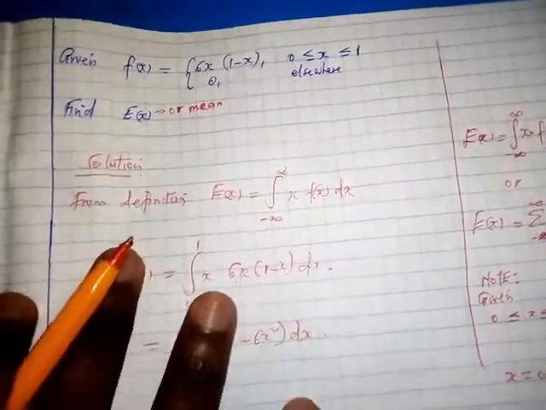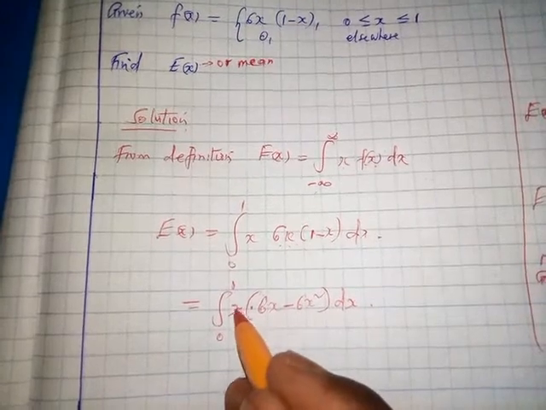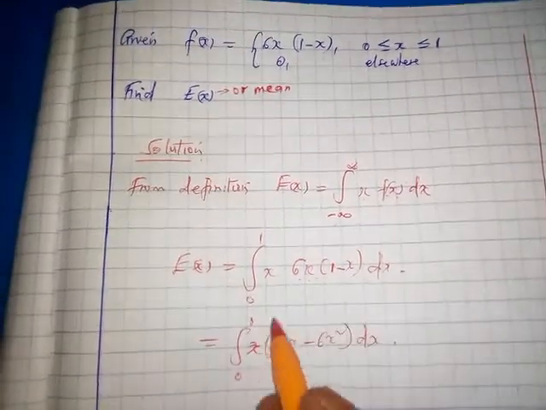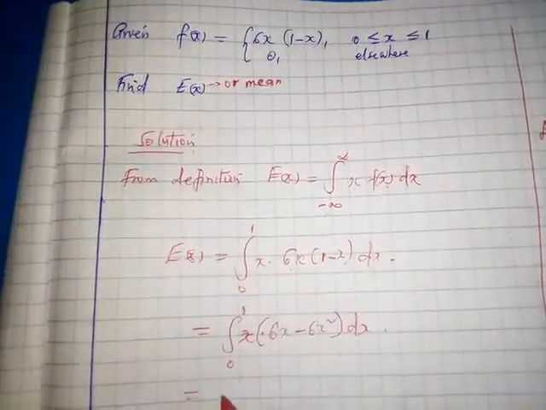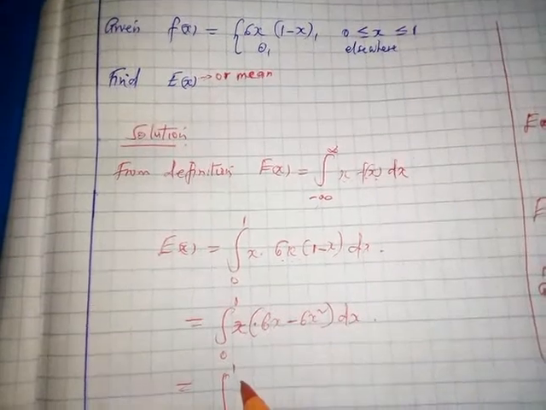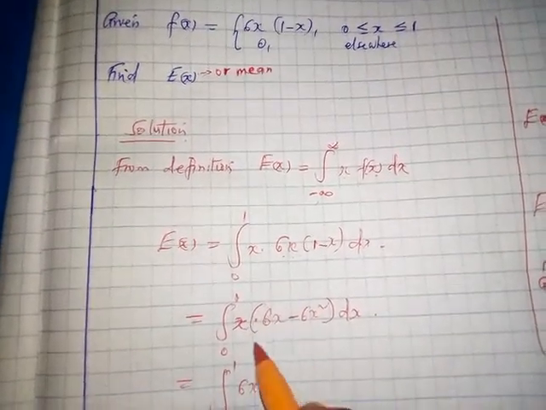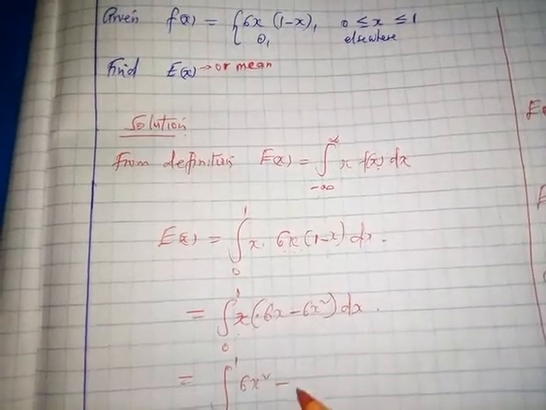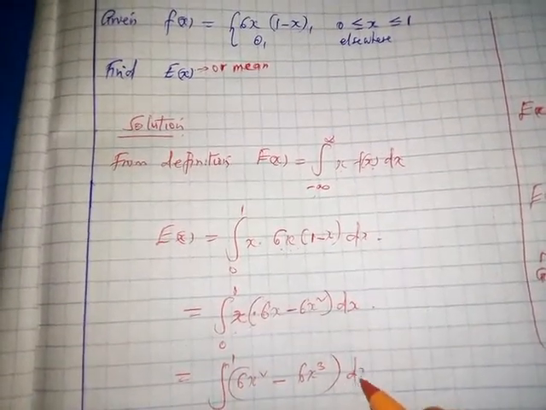If we multiply the whole of this with x, we get the integral from 0 to 1 of 6x squared minus 6x cubed dx.